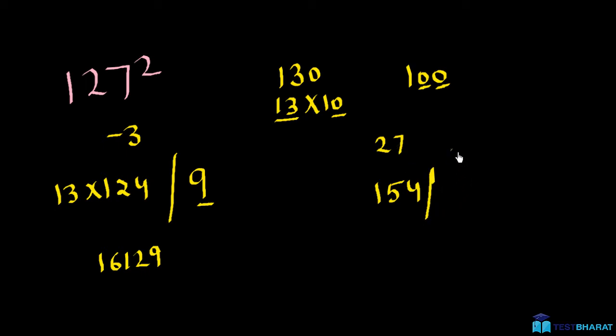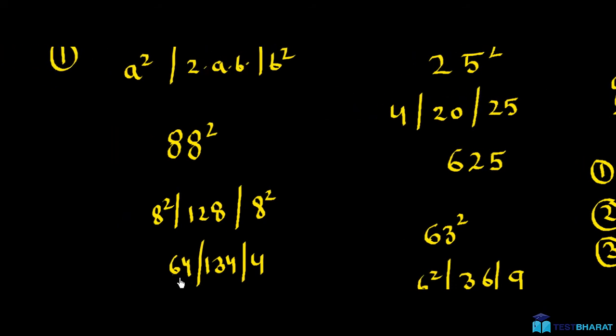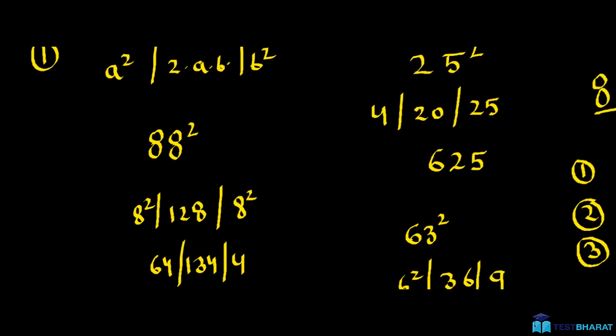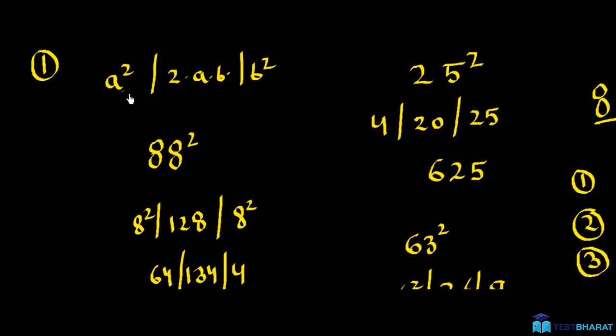Now what is my x square? X square is 27 square. So here I have to calculate 27 square, but as I told you in my first video on how to calculate the square of a 2-digit number, a square, 2ab, b square. I will do it in orange.